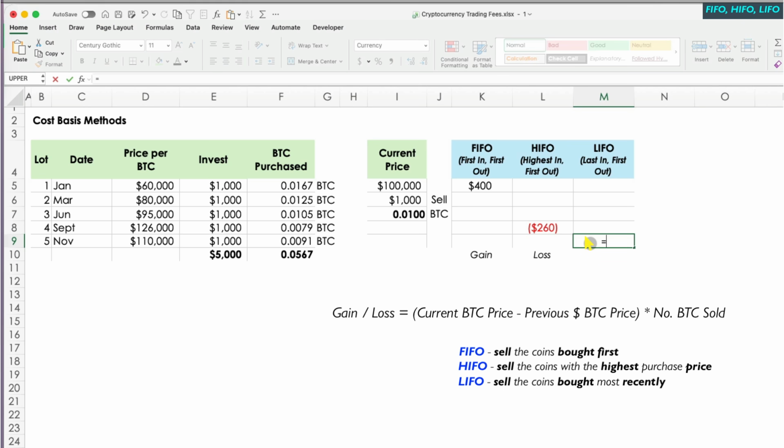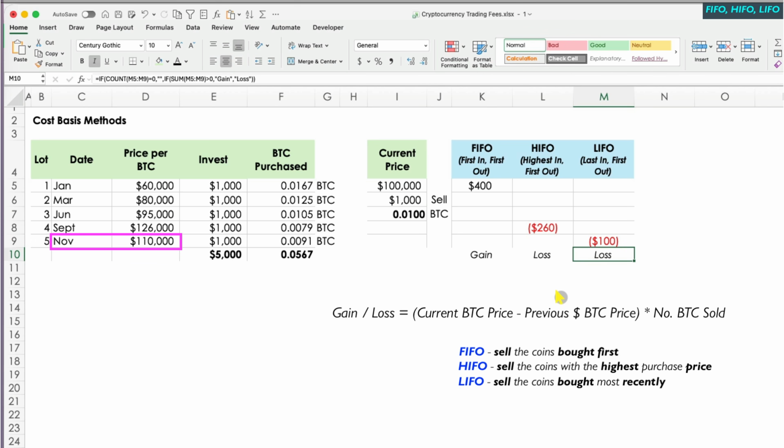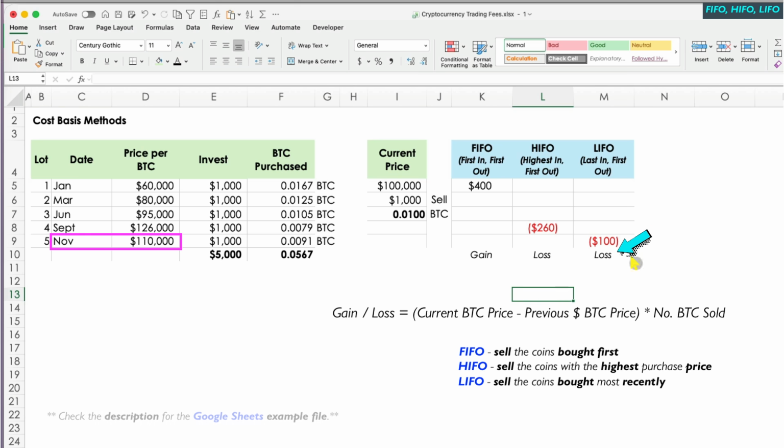Finally, under the LIFO method, I sell the Bitcoin I bought most recently, which was in November at $110,000. I subtract the $110,000 from the current price of $100,000 and multiply that by 0.01 fraction of a Bitcoin, which results in a $100 loss.